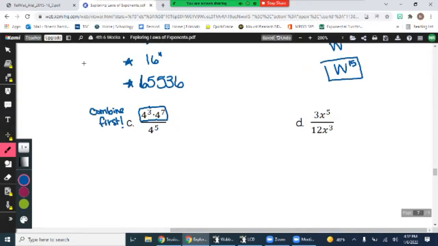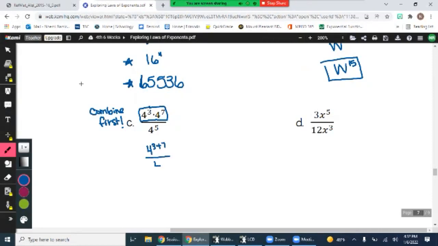Now, this is the rule of what? Is it the power of a power or the product of powers? Product of powers. There's two powers here. So product of powers tells us that the base remains the same and you add the exponents.